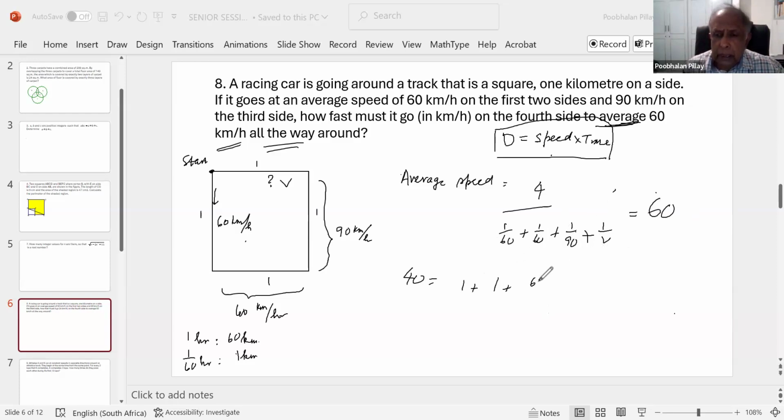Here you have 60 over 90 plus 60 over b. 4 divided by this is that, so therefore your 4 is equal to 60 times that. Now 60 times, I'm multiplying each one of them. And I can calculate this thing. I don't know how long it will take me, but it's 2 plus 2/3, which is 8 over 3.